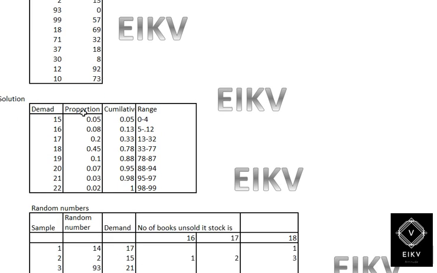So going ahead with the solution, we have demand and proportion as given in the illustration. Then we have the cumulative proportion, or cumulative probability, and range.